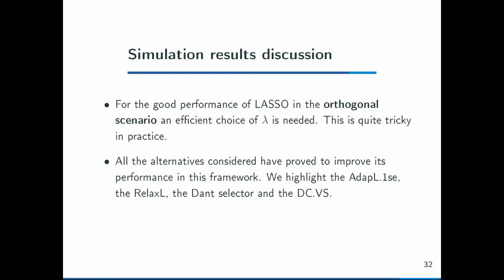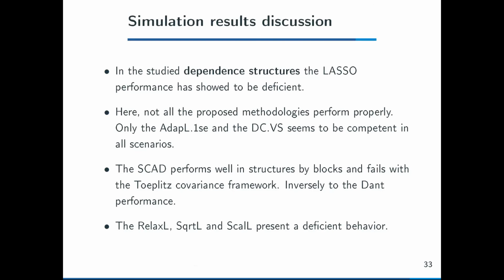In case of dependence structures, things change. In particular, we know that the Lasso has a deficient behavior, but not all the proposed methodologies perform properly. Only the adaptive Lasso 1SE and the distance correlation for variable selection seem to be competent in all the scenarios.